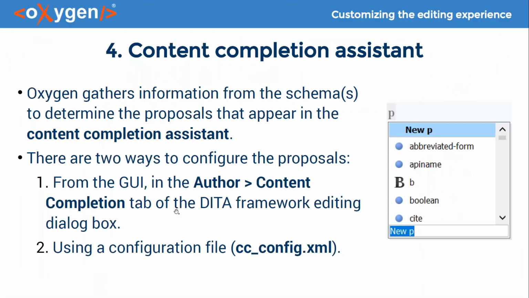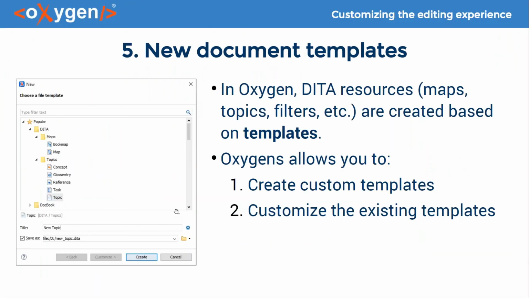Okay, we have one last topic in our presentation, and that is how to customize the new document templates. In Oxygen, when we create DITA resources, we usually create them by using the predefined templates.